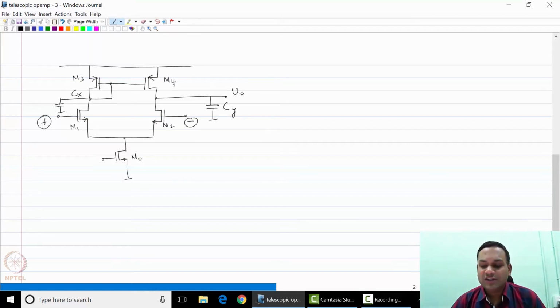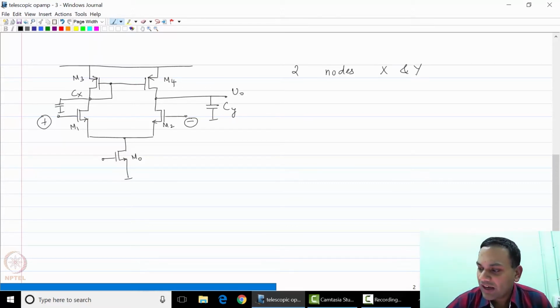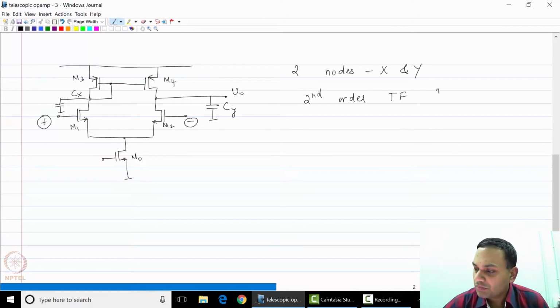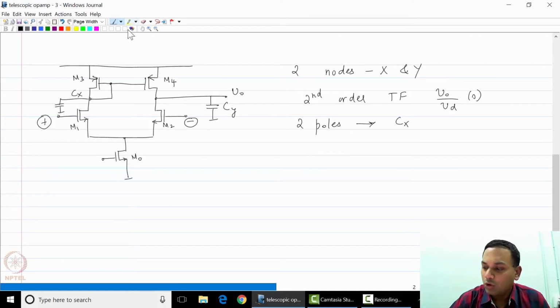If we look at the analogies between the two-stage op-amp and the one-stage op-amp, the one-stage op-amp had two nodes X and Y, and therefore it had a second order transfer function. So its gain had two poles corresponding to nodes X and Y. They depended on Cx and Cy, and also on the impedance at those nodes.